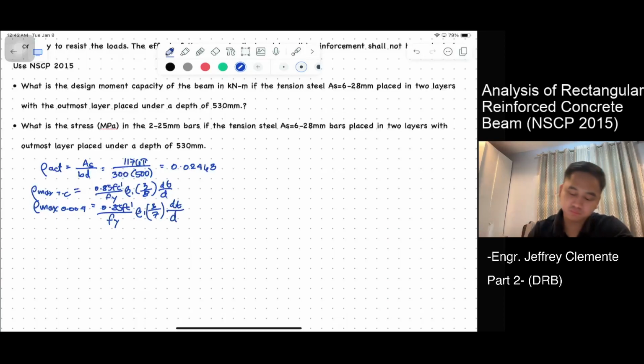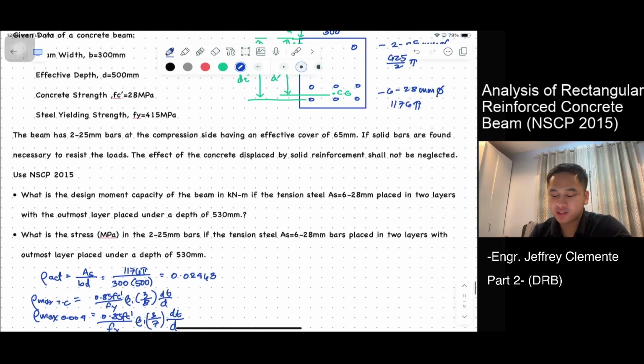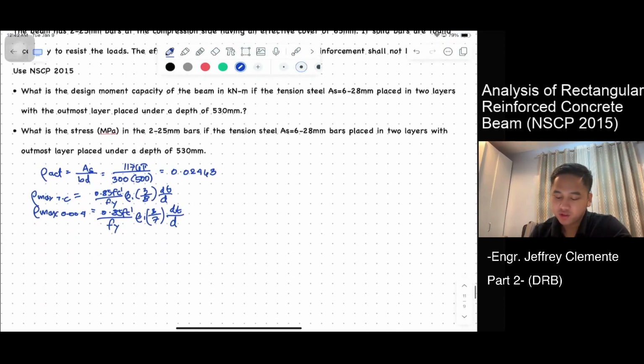Okay? Take note, in this case, dahil double layer na tayo, sinabi na double layer tayo, yung dt over d natin is not equal to 1 na. Okay? So, let's solve it. For example, for this problem, we have 0.85 f'c, f'c is 28, all over fy is 415. Beta 1, since our f'c is less than or equal to 28 megapascal, our beta is just 0.85. Okay? 3 over 8. Ang dt natin is 530 over d, which is 500.